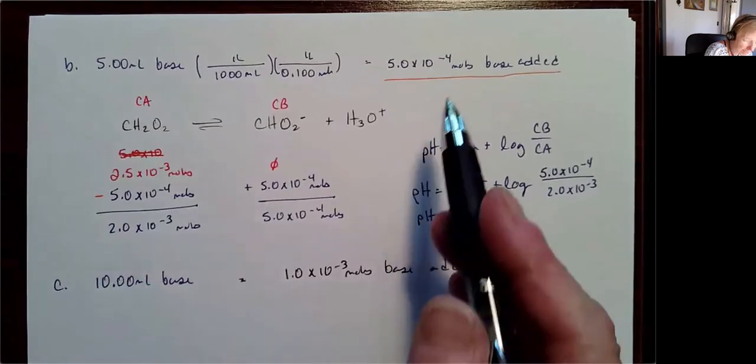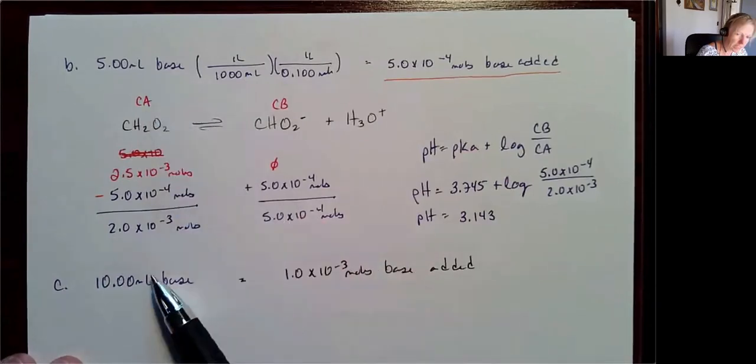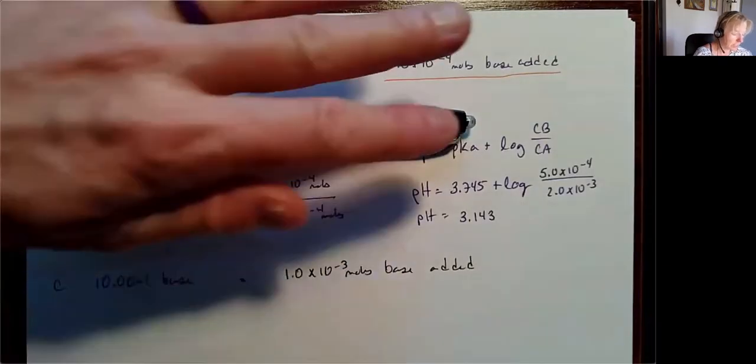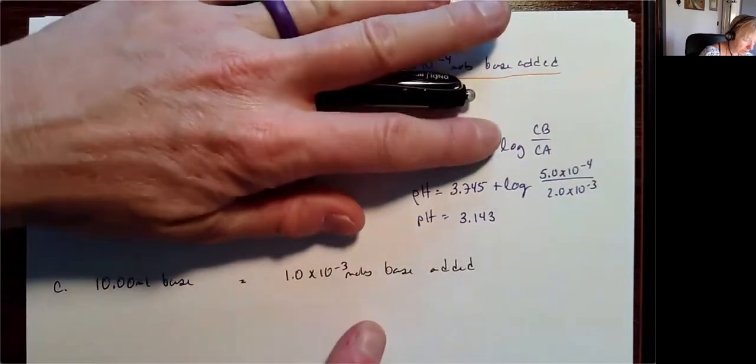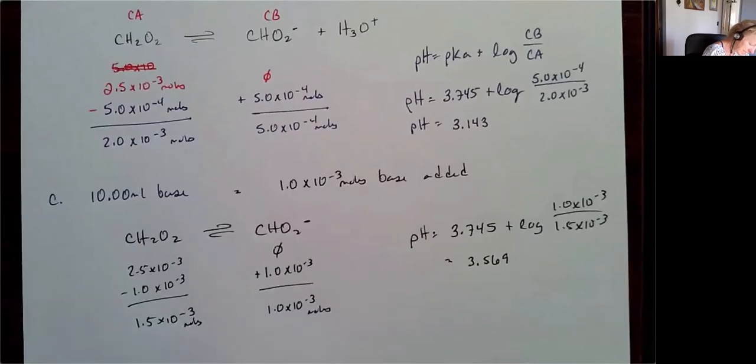I'm going to pretend like I didn't do any of this and just see where my pH is if I've just added in 10 mils. So I haven't added in 15, I've added in 5 past that, but I'm going to pretend like I didn't do this calculation, and I'm going to do the same thing I did up here, but with this number of moles of base added.